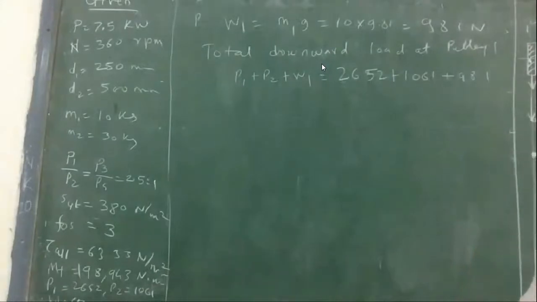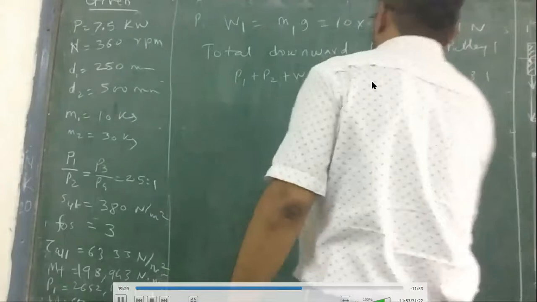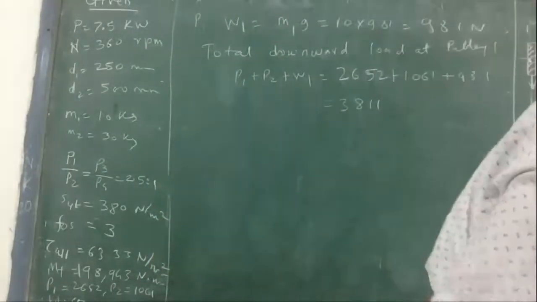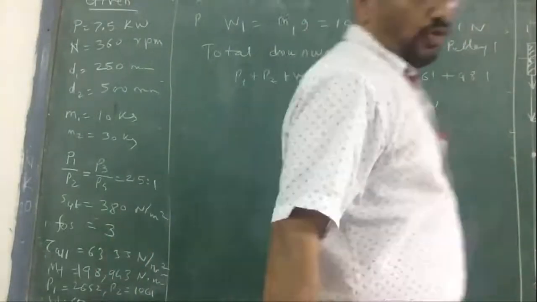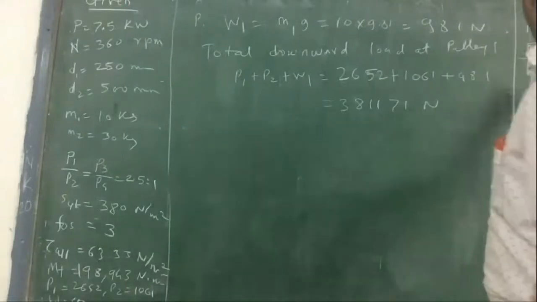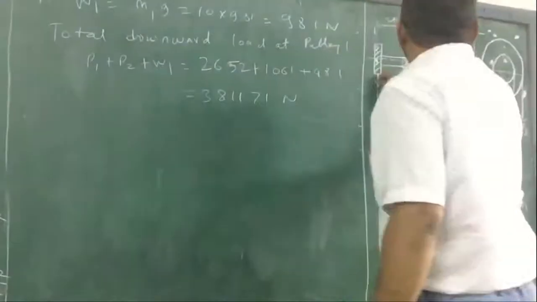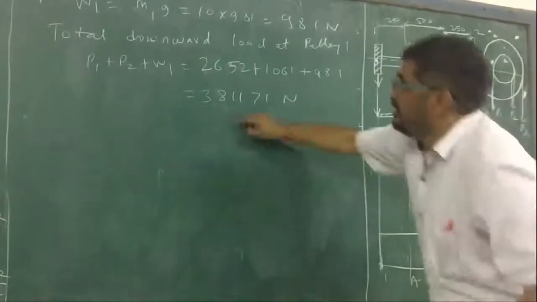Let me verify the numbers. Okay, so it is 3811.71. So the total load at pulley 1 is this much. At pulley 1, the total load is P1 plus P2 plus the weight of pulley 1.